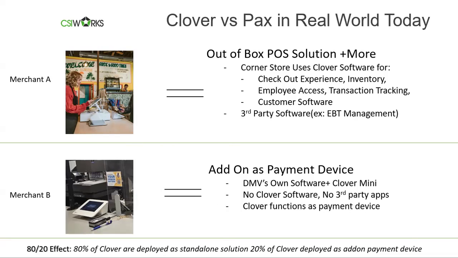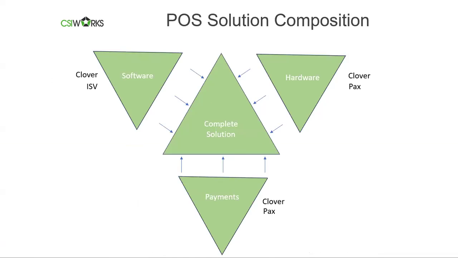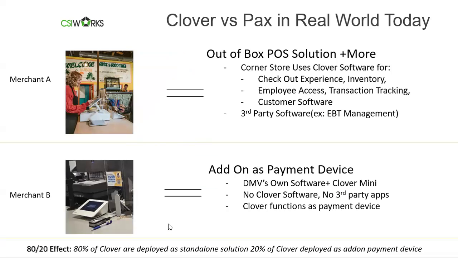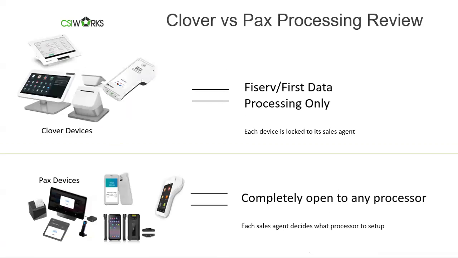Here I've relied on this chart and demonstrated the different scenarios. Now, the reality today is that 80% of Clover devices are deployed as a standalone solution, as in merchant A, because Clover has a good range of devices. Let's go back to this picture here.